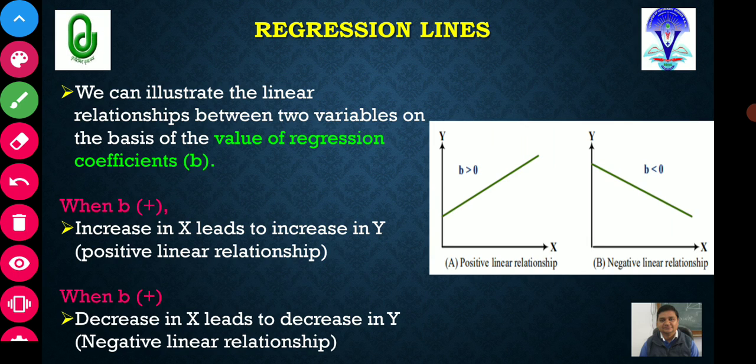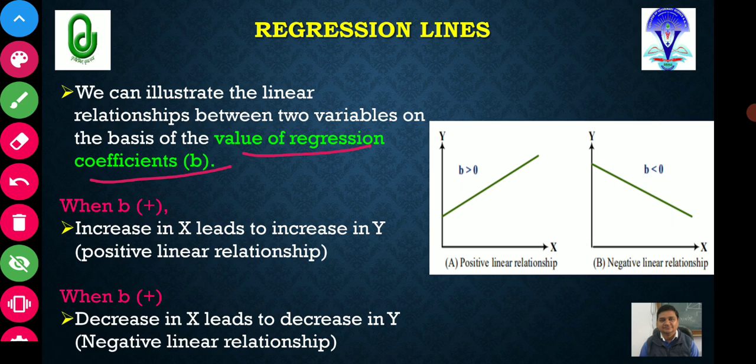Now, another point about the regression lines: we can illustrate the linear relationship between two variables on the basis of the value of the regression coefficient. What we have seen earlier was on the basis of the correlation coefficient.